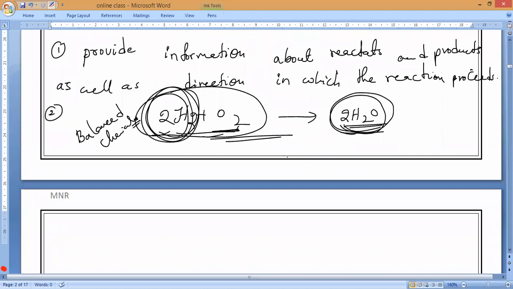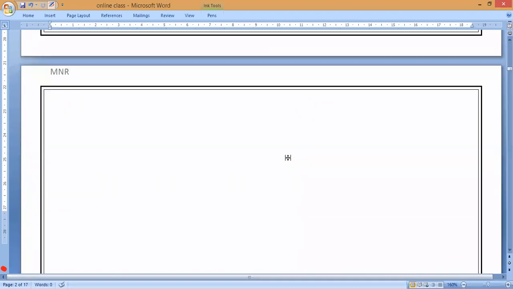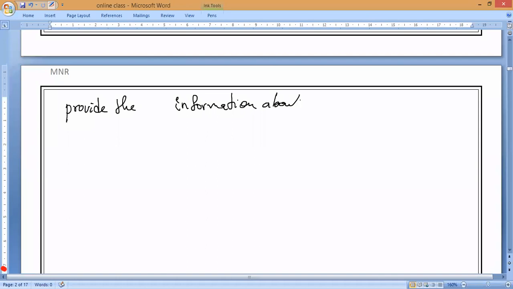They provide the information about the number of molecules of reactants, maintain classworks properly.